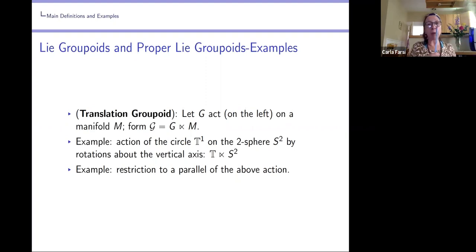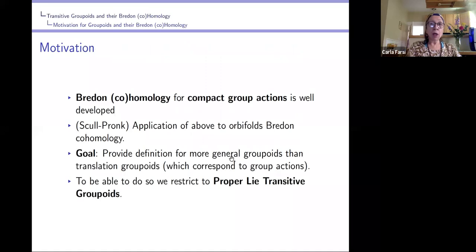We'll use this example later. That's why I'm going over this. And it forms a groupoid. The groupoid is formed by the pairs (g, x), where x is an element of M. And we could also restrict actions and form restrictions of groupoids as well.